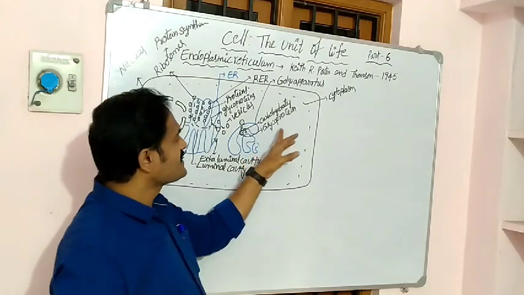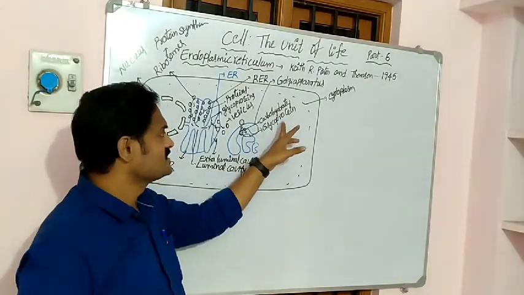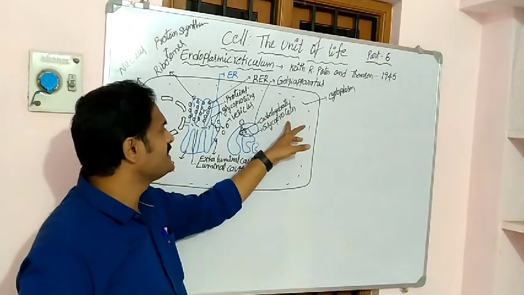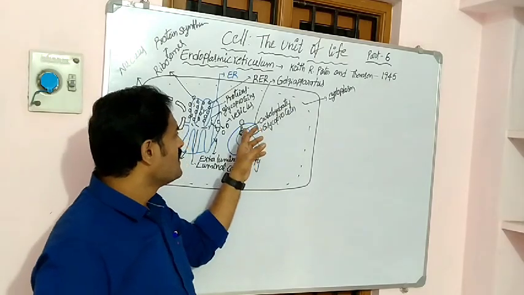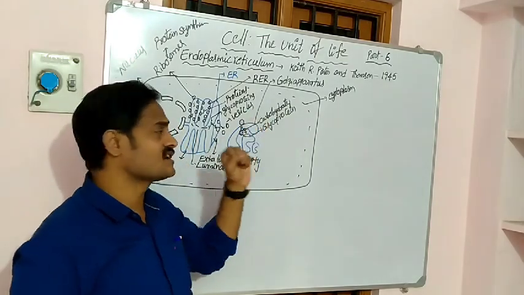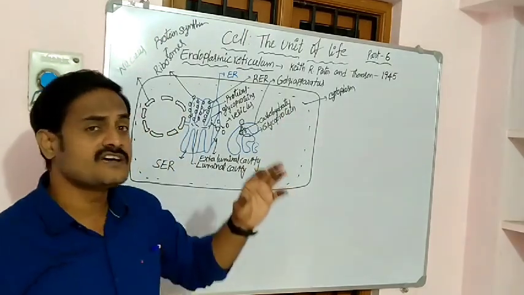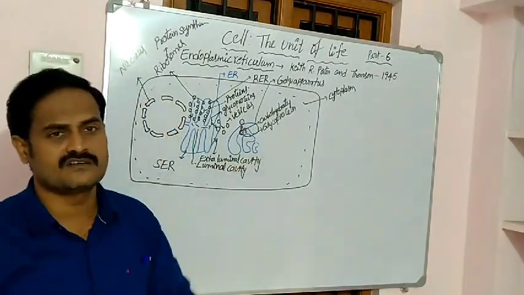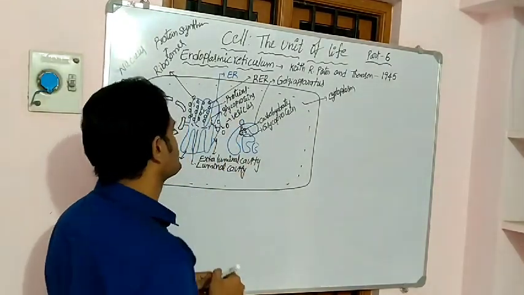What is the meaning of glycoprotein? Glyco means carbohydrate. The protein which receives the carbohydrate is modified into glycoprotein. So the majority of protein modification occurs in the Golgi complex. Remember that. Here only some occurs.